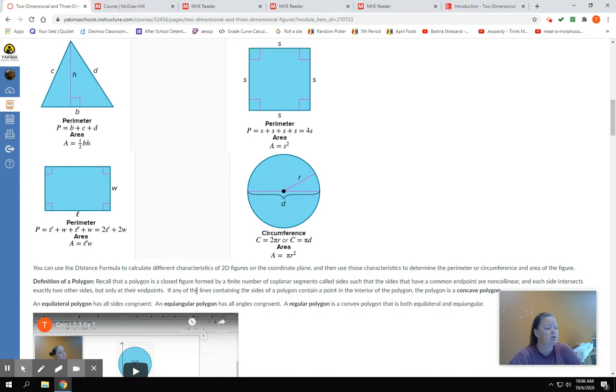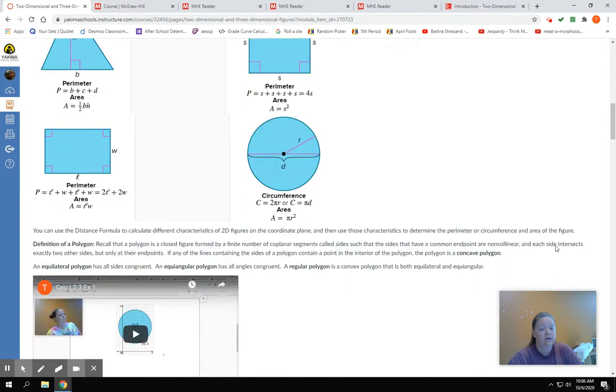Recall that a polygon is a closed figure formed by a finite number of coplanar segments called sides, such that the sides have a common endpoint, are non-collinear, and each side intersects exactly 2 other sides, but only at their endpoints. If any of the lines containing the sides of a polygon contain a point in the exterior of the polygon, it is a concave polygon.